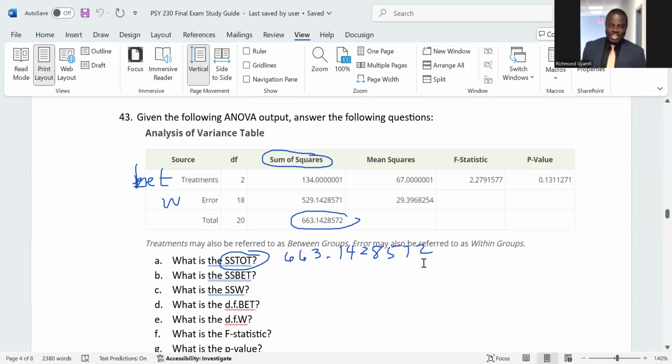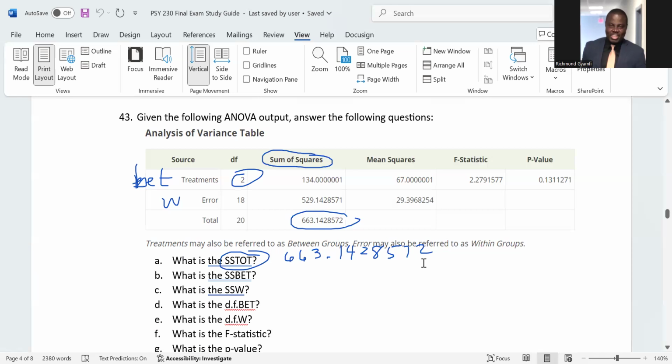What is SSW? 529.14286. What is degrees of freedom, DFBET? That is going to be 2, right? What is degrees of freedom, W, the error? That is 18.